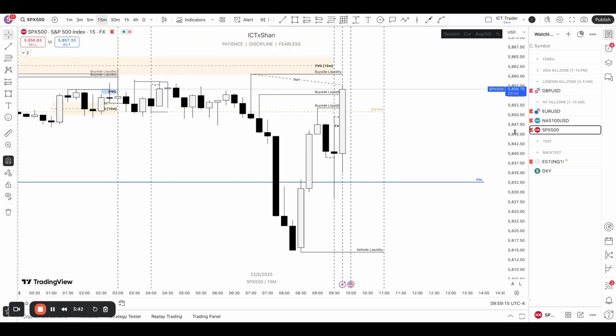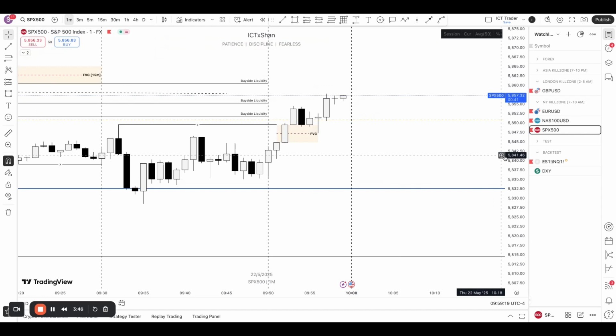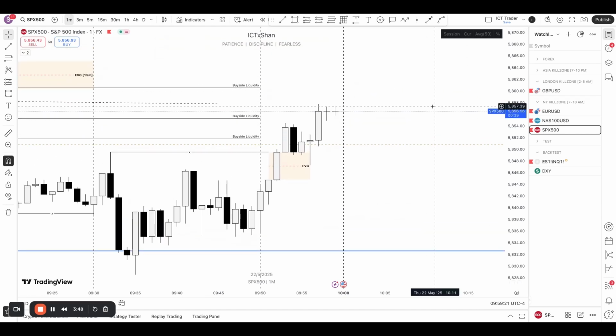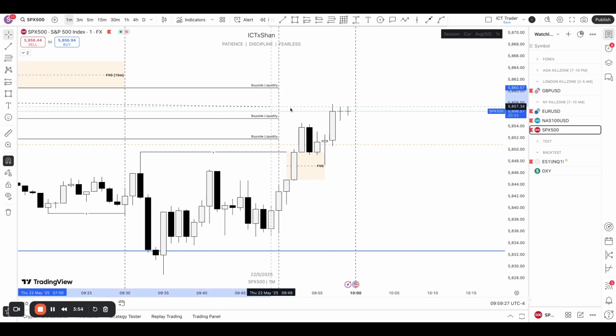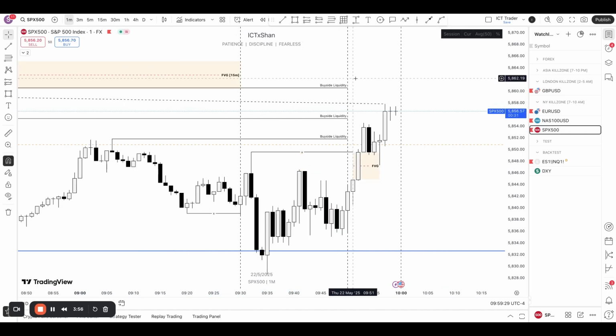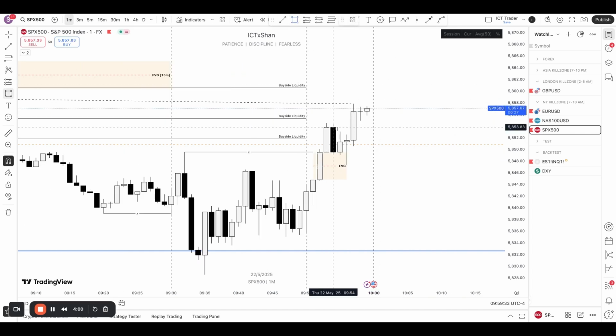So what we can see here is the weaker pair is ES, and the stronger pair is NQ for today for the bullish.